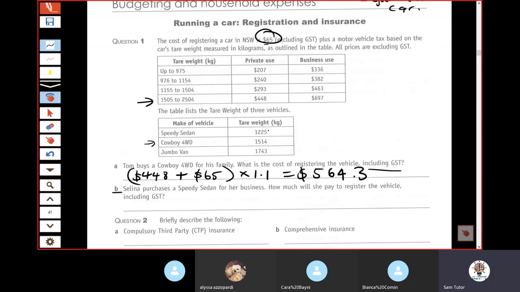Speedy sedan, 1225 would be here, so 463 plus 65 times 1. All good with that? Yeah, I got that.